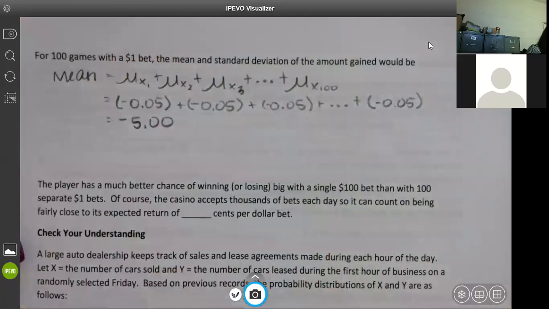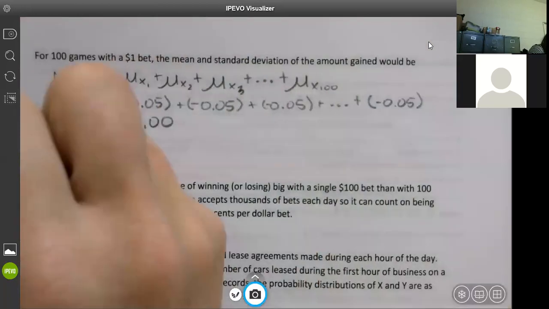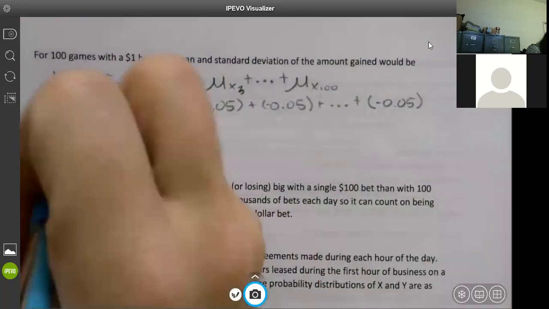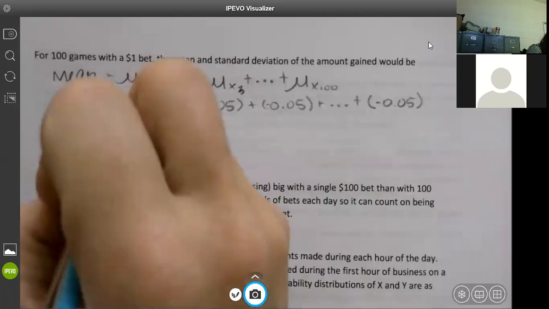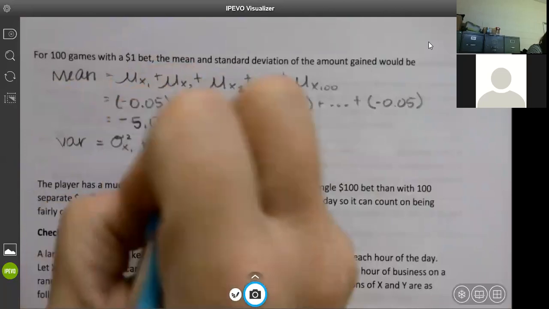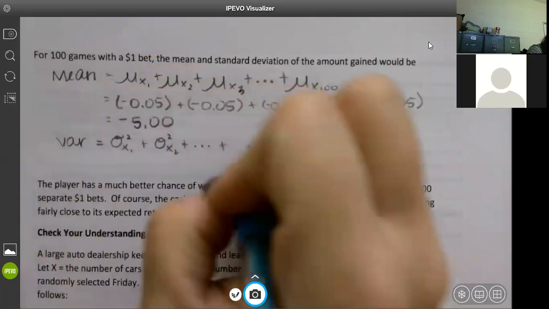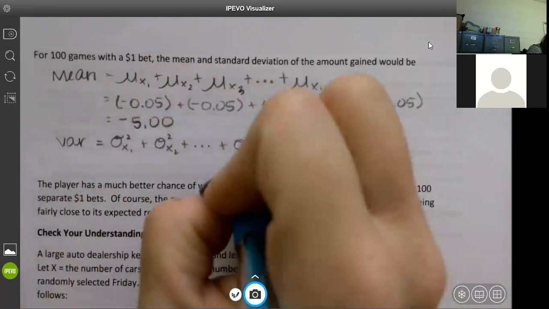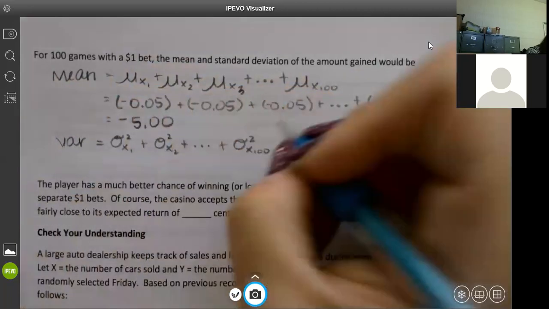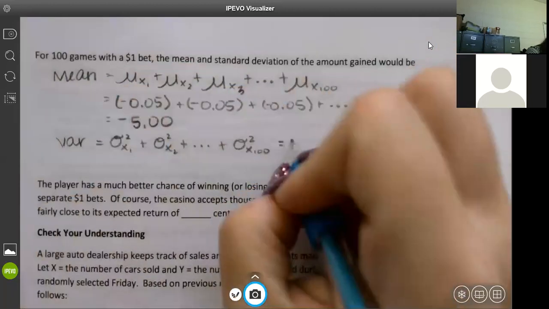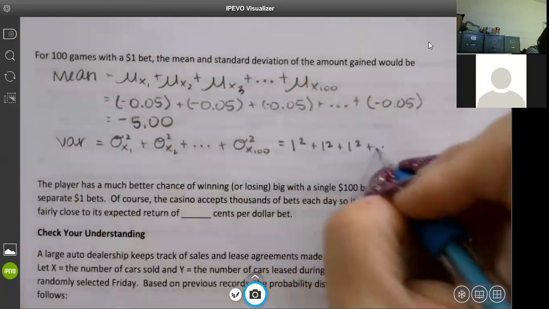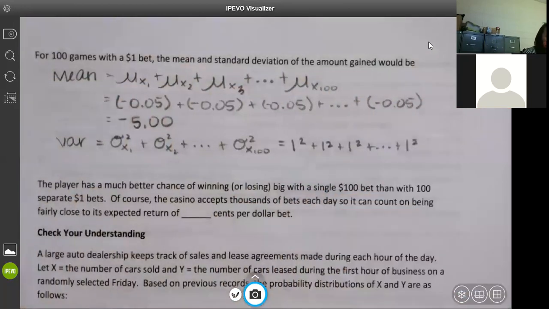What's going to be the difference? To do this, we have to do the variance to be able to find the standard deviation. So we add the variances. So the variance of x1 plus the variance of x2, all the way up to the variance of the 100th bet, which would be 1 squared plus 1 squared plus 1 squared, all the way till you finished out the 100th 1 squared.